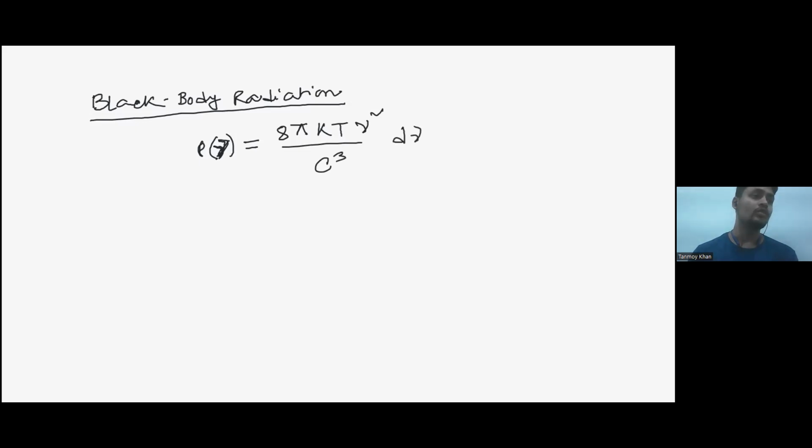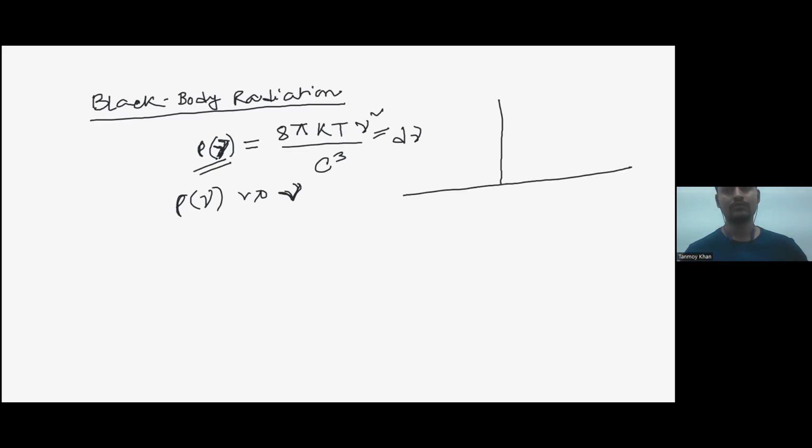If you want to plot rho versus mu, it is nothing but y is equal to x square. So this will obviously be a parabola.